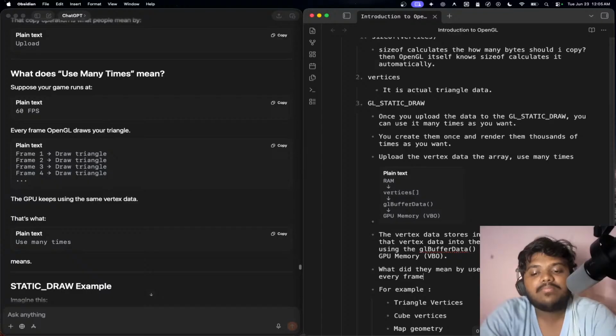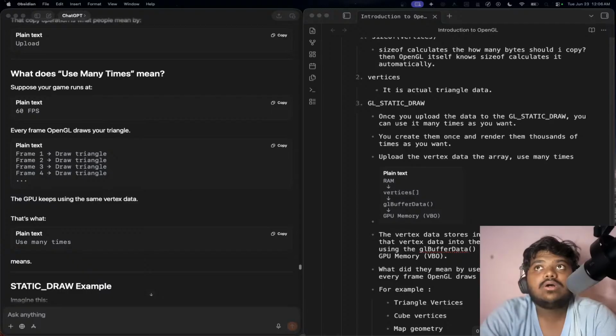Every frame OpenGL draws my triangle, which is every frame that it actually draws the triangle.